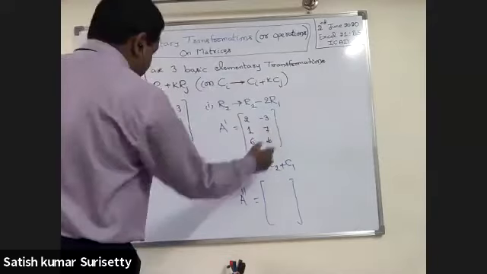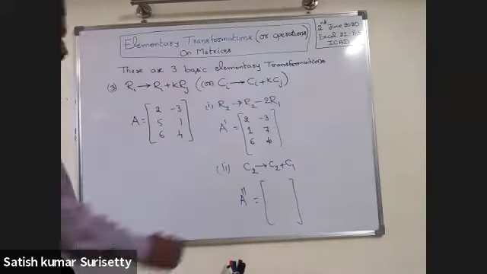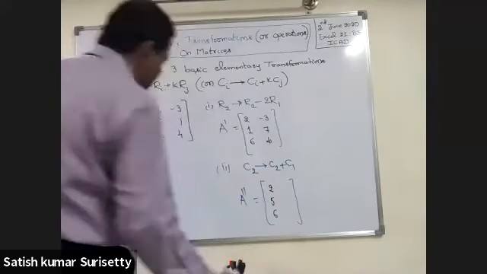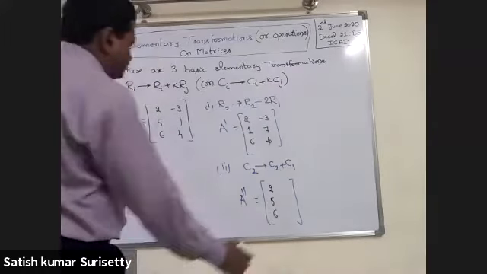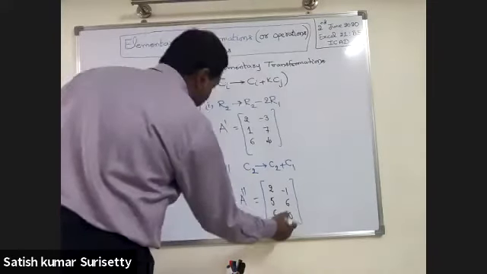There is no change. Next, apply the column operation on the matrix A and tell me the new matrix. So column wise, first column remains the same, 2, 5, 6. Now, what about the second column? Minus 1, 6, 10.